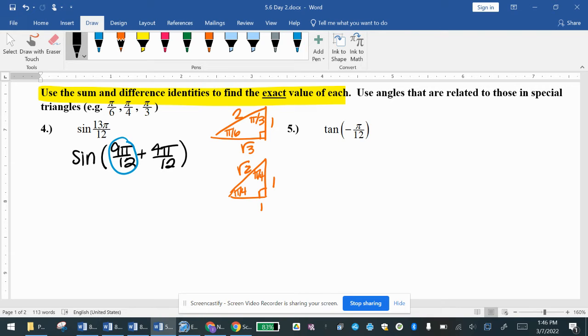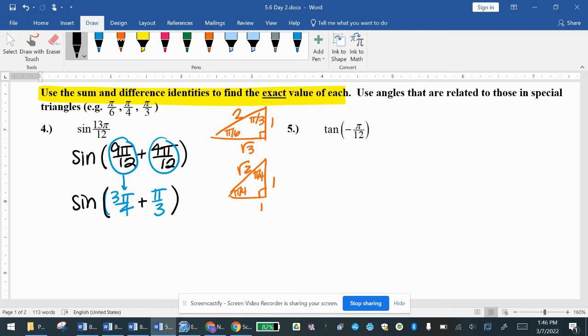So 9 pi over 12 reduces to 3 pi over 4. Okay, so you can reduce by 3. And then 4 pi over 12 reduces to 1 pi over 3. So now we've written them with denominators that match the special triangles we've been working with.